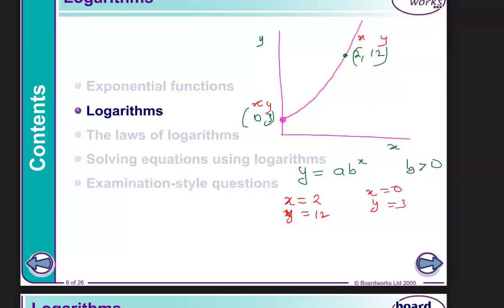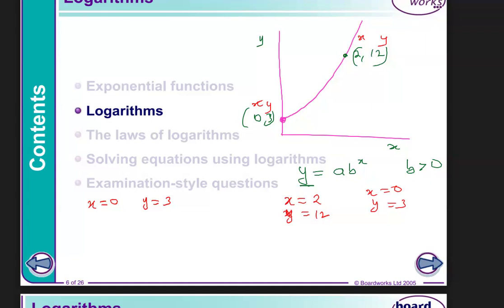Now you substitute those values into the equation. For the second coordinate, x equals 0 and y equals 3.